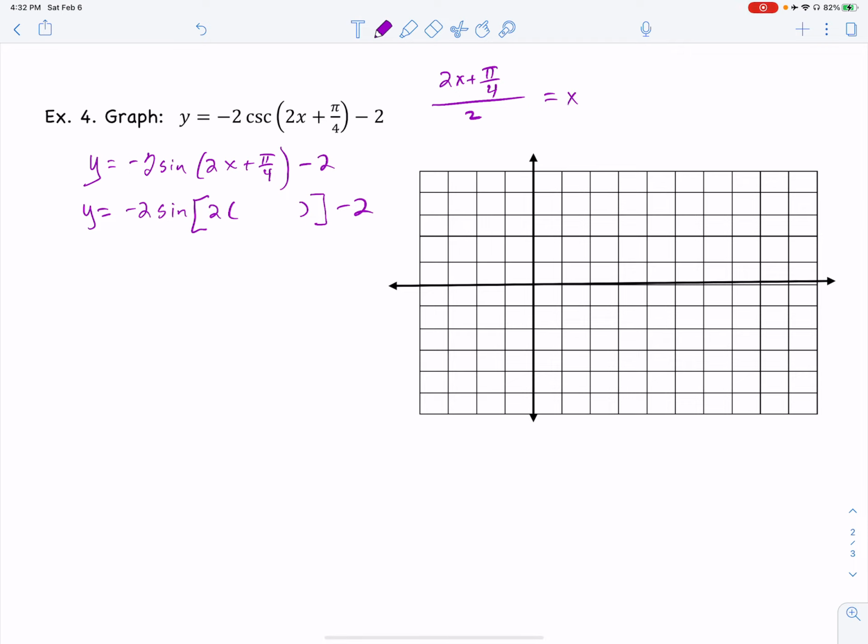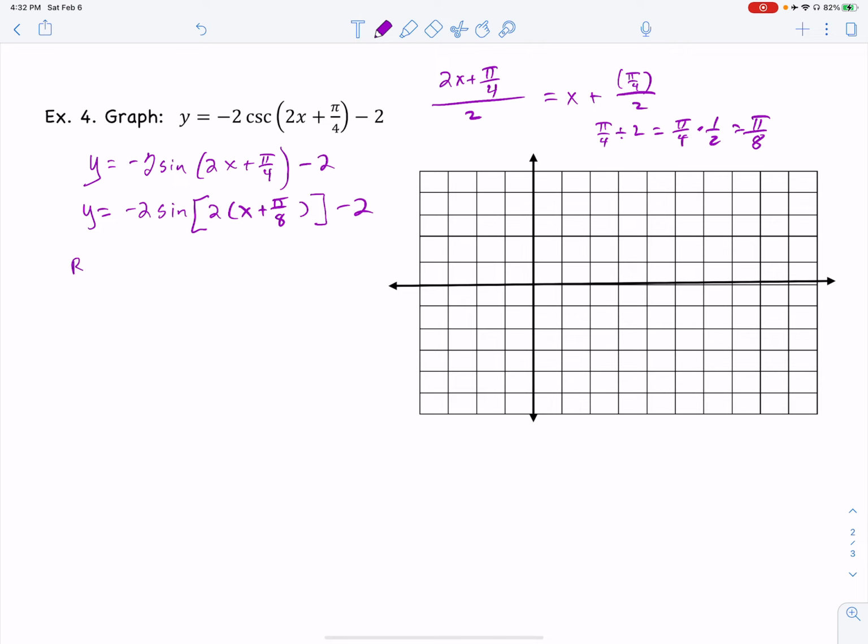And so I get x plus this pi fourths divided by 2, and pi fourths divided by 2 is pi fourths times 1/2, and I get pi eighths. So this becomes x plus pi over 8. So dividing by 2 is the same as multiplying by 1/2.